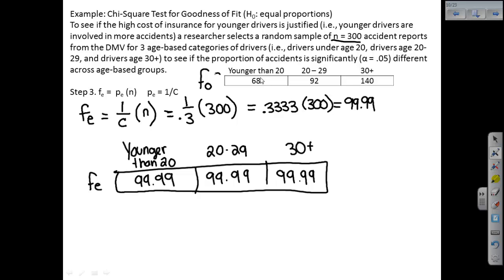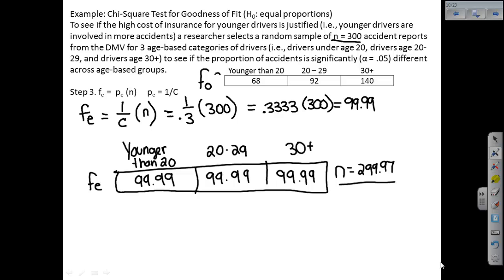You'll see why that's a very important thing to do when I show you how to do the calculations for chi-square. One way that you can check your work to make sure that you did your frequency expected correctly is to add these up, and you should get the same sample size that you had for the original sample. But if you add these up, you don't get that. If you take 99.99 and add it 3 times, you get n equals 299.97.